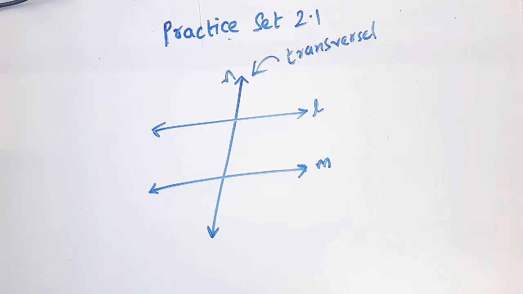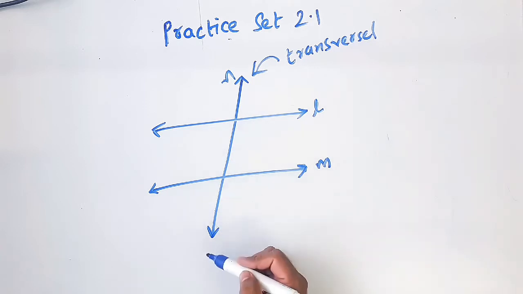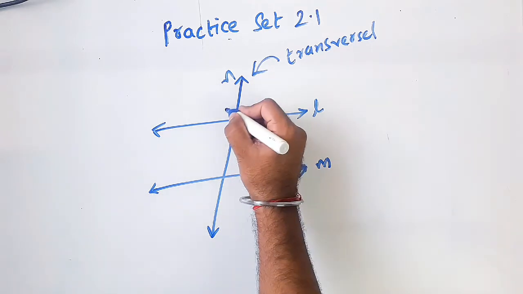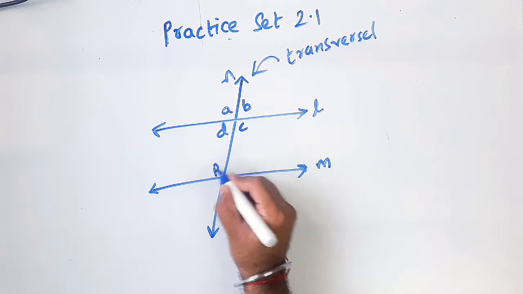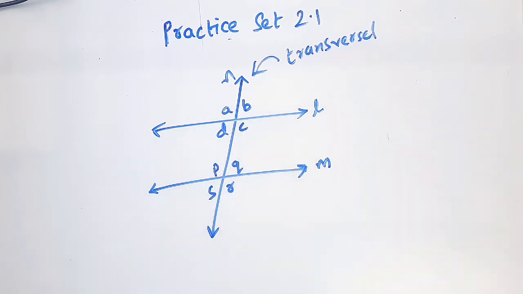Now, if you see, when two lines are cut by a transversal, we get 8 angles. How many angles do we get? We get 8 angles. So I'll write these as A, B, C, D, P, Q, R, S. These are the 8 angles that we have obtained by a transversal that cuts two lines.